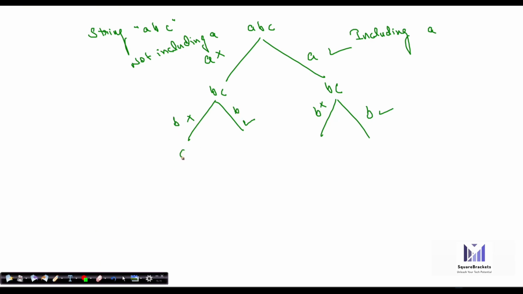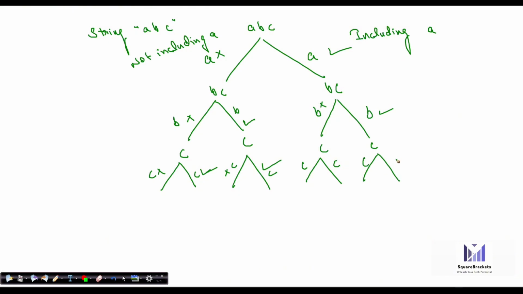Now the next character will be C, so again, don't include C, include C. In this case too we have C in the output, so don't include C, include C. Then again C and C on every branch: include, exclude, include and exclude.